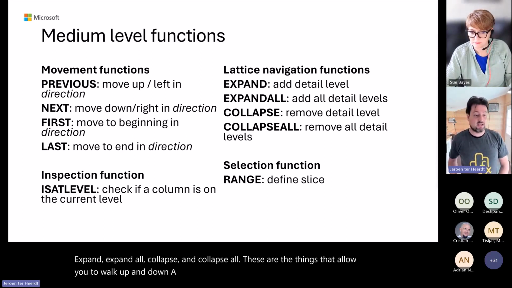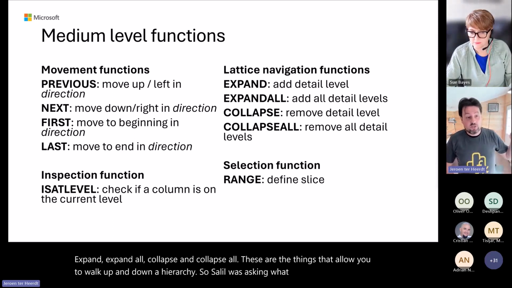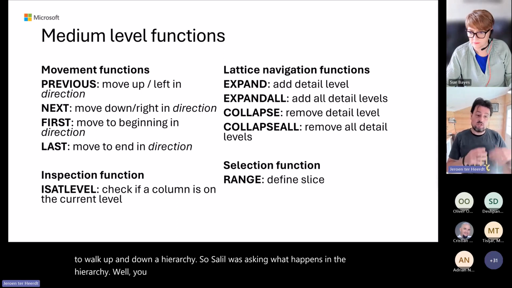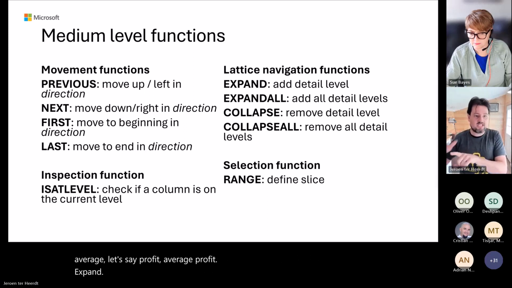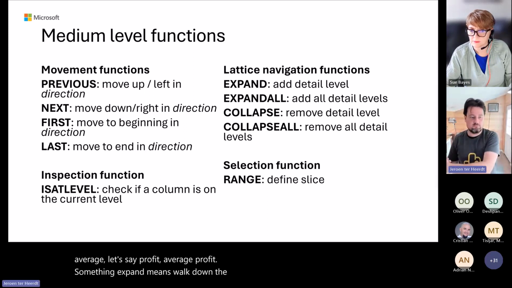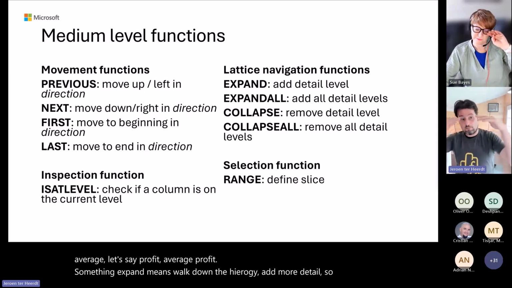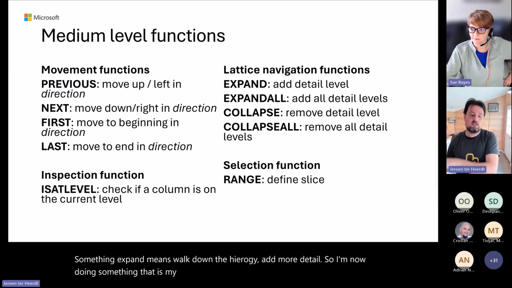So Salil is asking what happens in the hierarchy. Well, you can now say, I want to do an average of children, which is average, let's say profit, expand something. Expand means walk down the hierarchy, add more detail. So I'm now doing something that is my children. I'm adding detail.